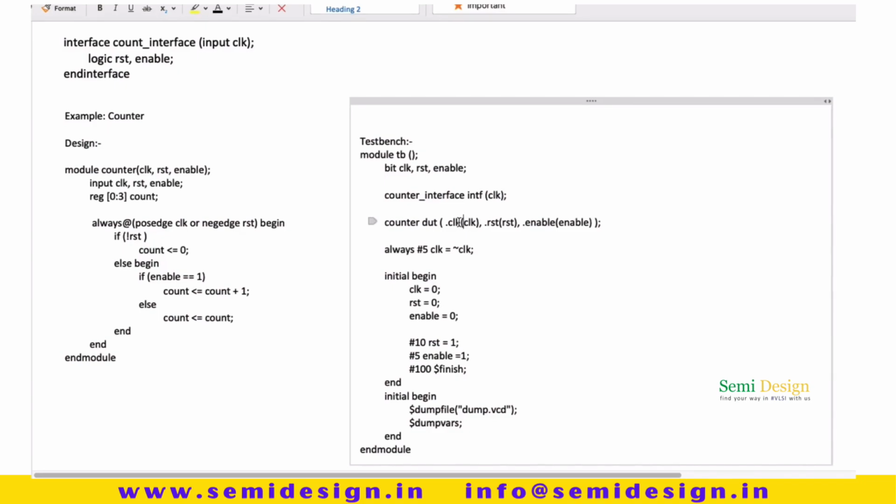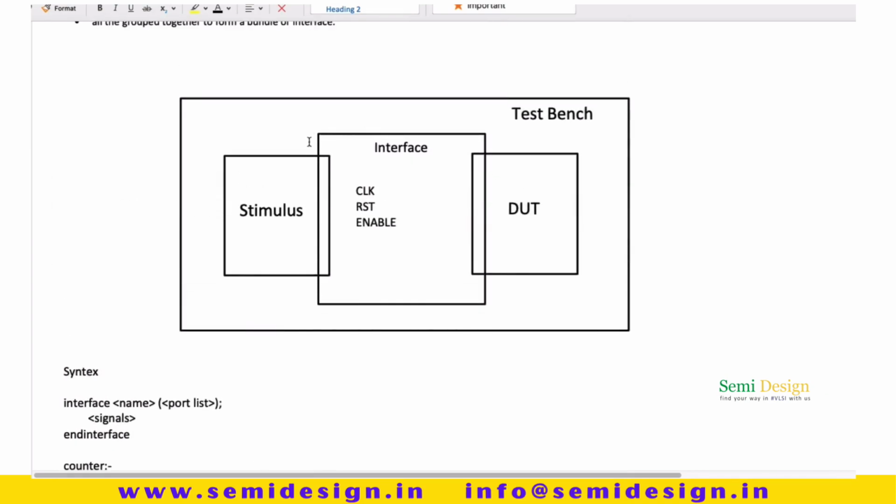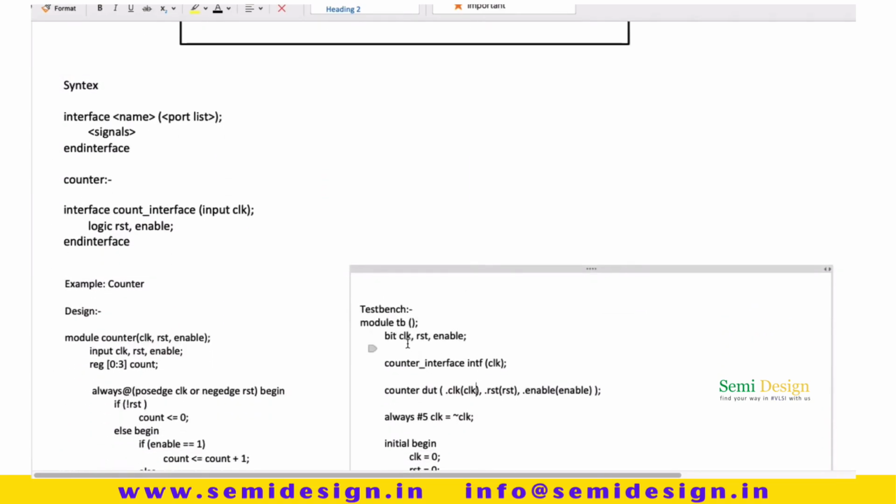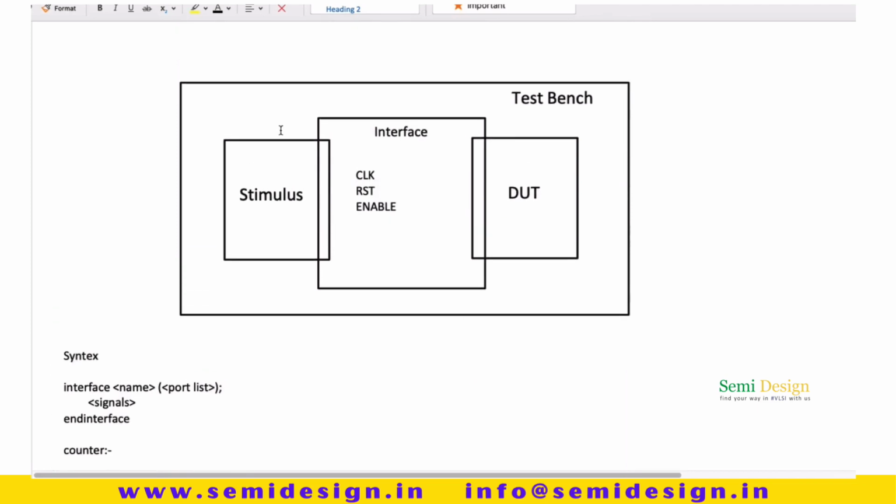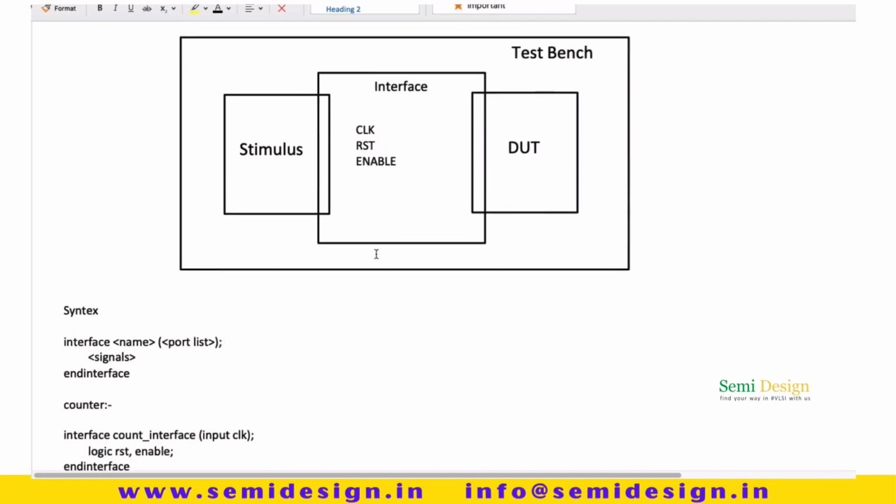Here this is the signal of the test bench, and this is the signal of the design. We declare the variables in the test bench as bit: clock, reset, and enable. To connect with the design, the signal goes first to the interface and then to the design. So in the test bench we are connecting the signals we declared with the signals declared under the interface.